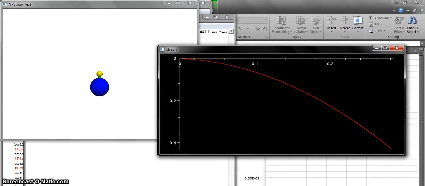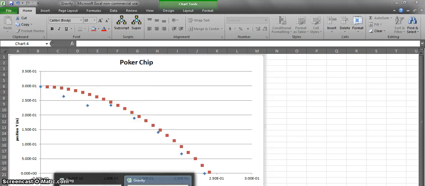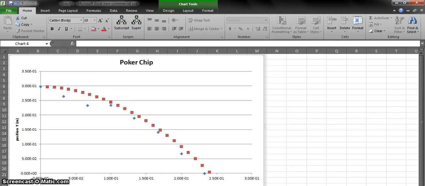So as you can see, the ball fell a short distance, and we have a nice little arc here. The data was then extracted from an Excel file created from the Python program and input into this Excel file where you see the red dots for both the tissue and the poker chip.